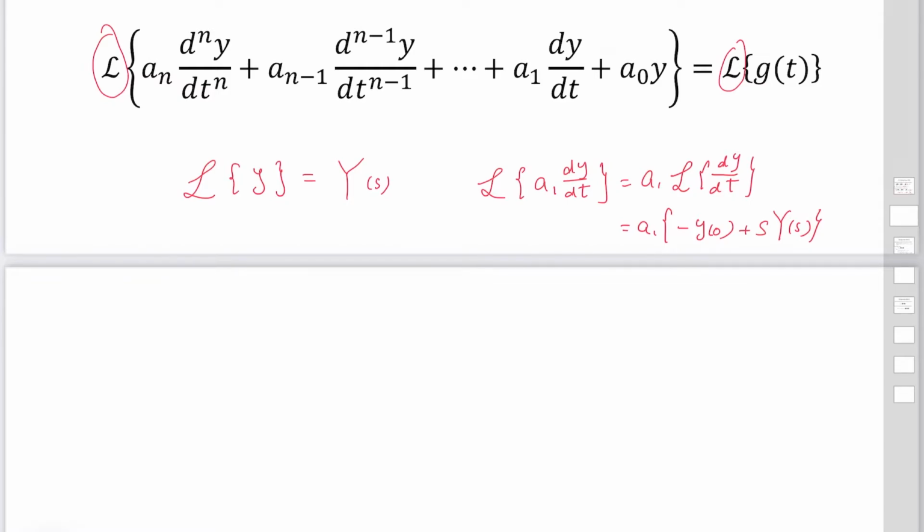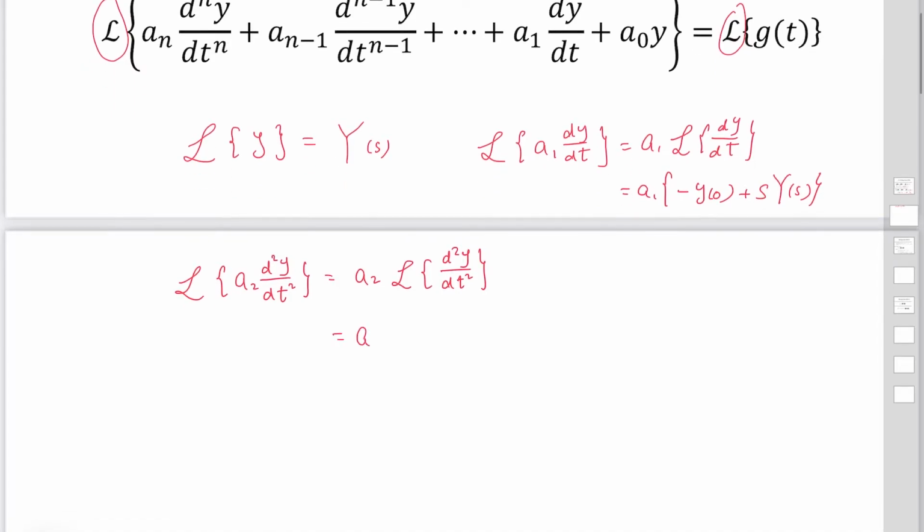Using the Laplace transform of a derivative of a function, you can write the Laplace transform of a sub 2 times the second derivative of y with respect to t.